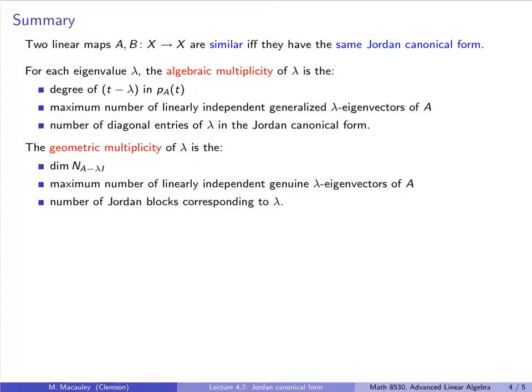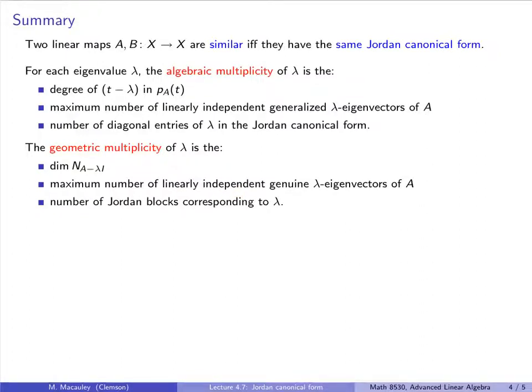Next up is geometric multiplicity. This is the dimension of the null space of A minus lambda I, which we can think of as the number of linearly independent genuine eigenvectors of A. When I say independent, there are really infinitely many eigenvectors because any combination is an eigenvector, so what I mean is the maximum number of linearly independent ones.